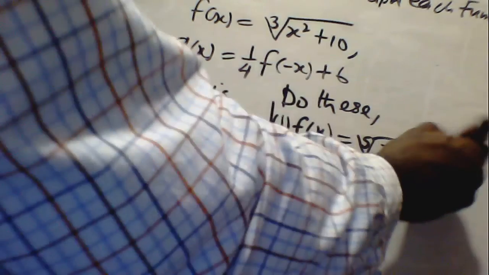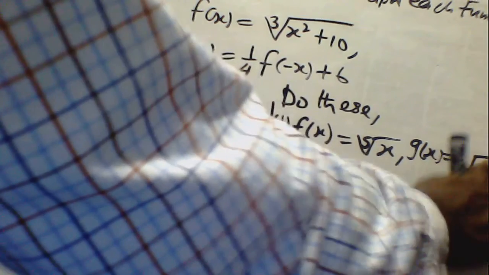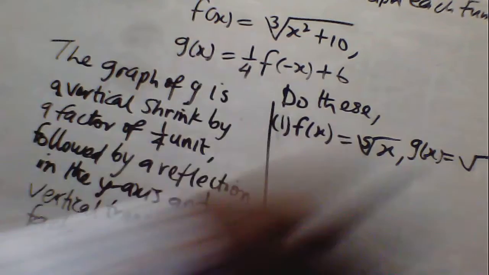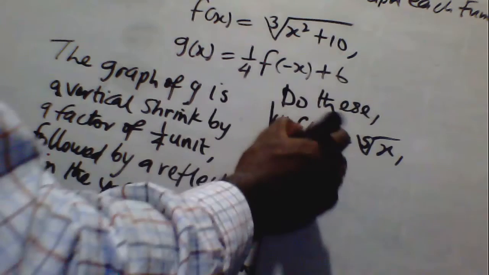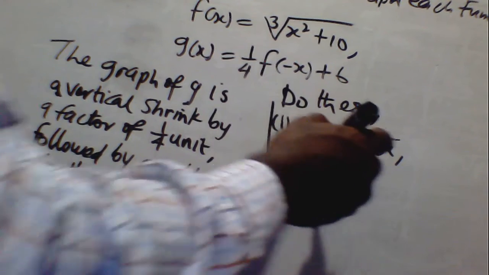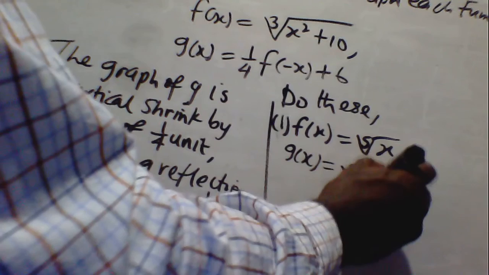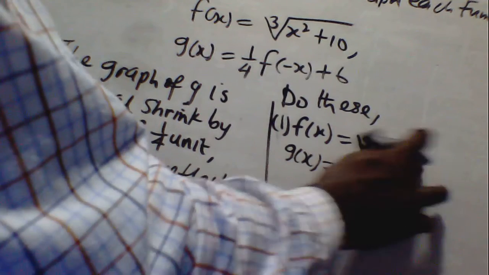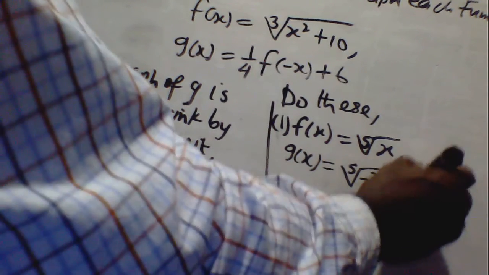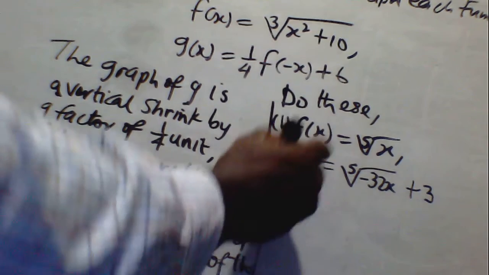The translation is g of x is equal to negative 32x plus 3 for 1.